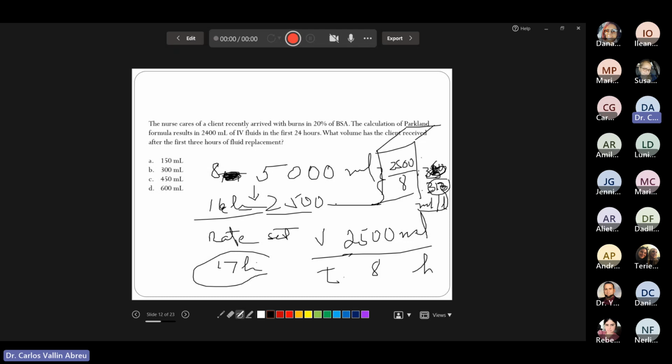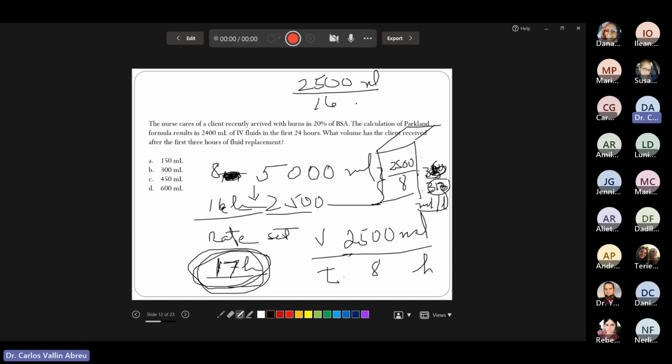This was the pump in the first 8 hours, but they're asking me how I will set the pump in hour 17, so after the next period of time. So you know that the other half, the other 2,500 milliliters, need to pass in how much?